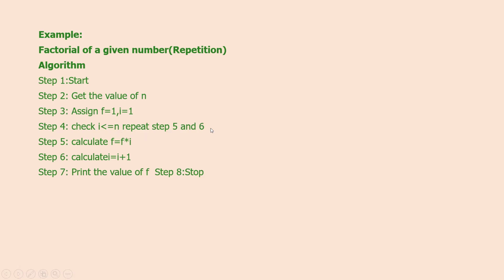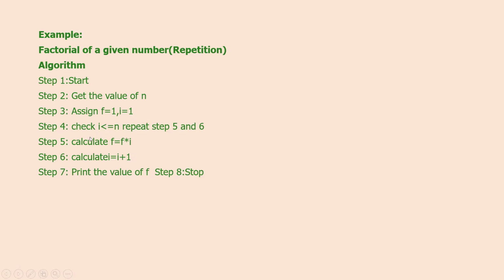Repeat steps 5 and 6. What are the steps to be executed for this condition? The factorial value should be updated. So f is equal to f into I. In the first iteration of the loop, the f value will be 1 into 1. Then you have to increment the I value. I was 1, now I is equal to 1 plus 1, which is 2.